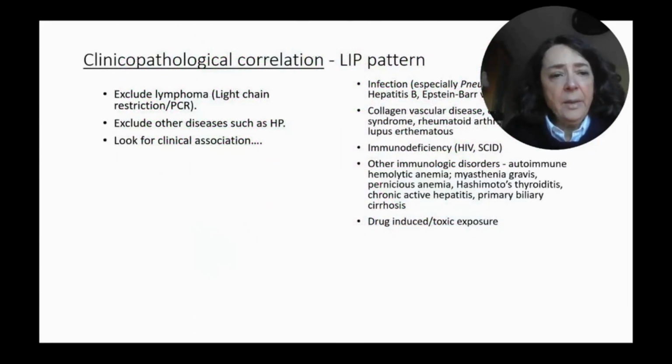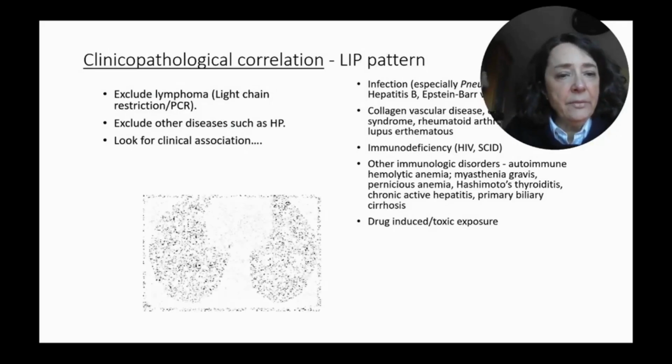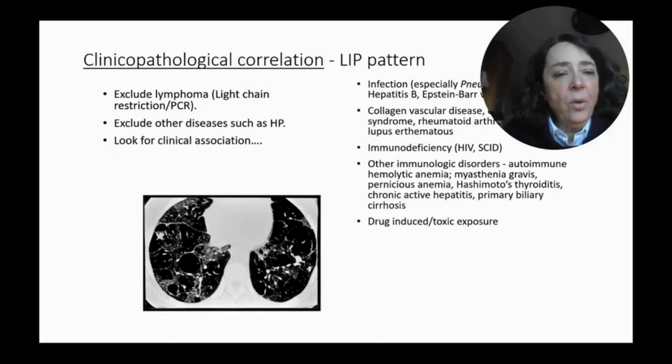When you have an LIP, of course you have to exclude lymphoma, or you have to exclude other diseases like HP. HP is hypersensitivity pneumonia, sorry. But in my experience, I never had such a huge amount of lymphocytes as you have in LIP.